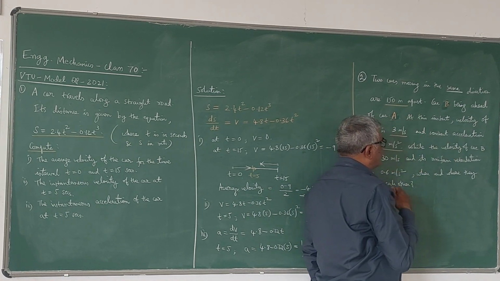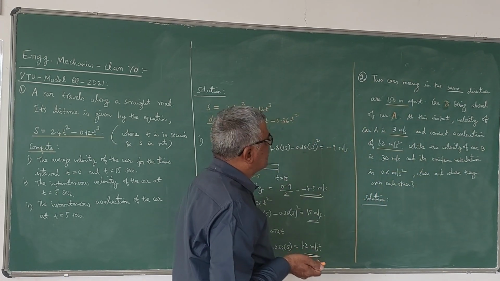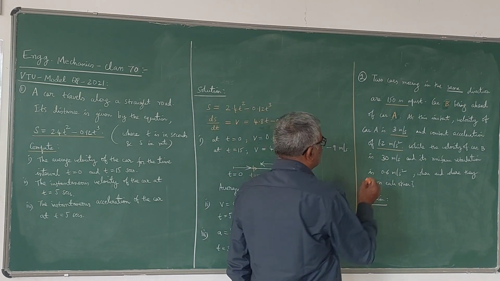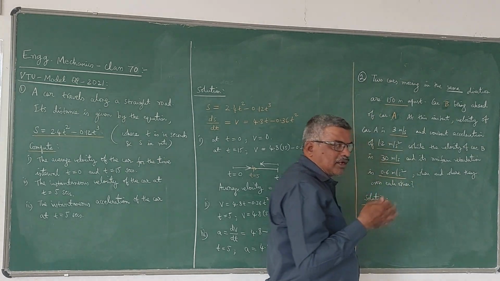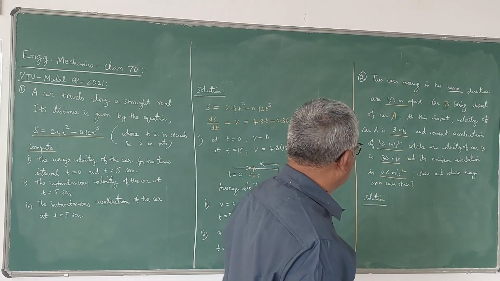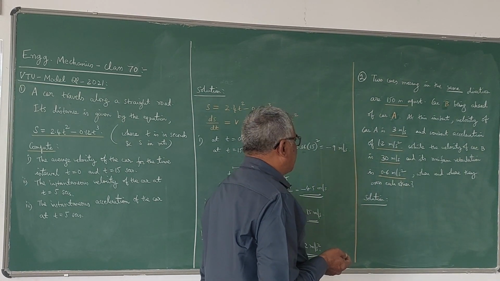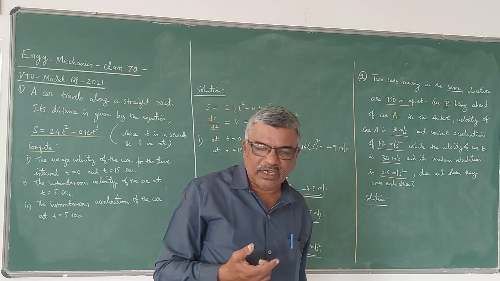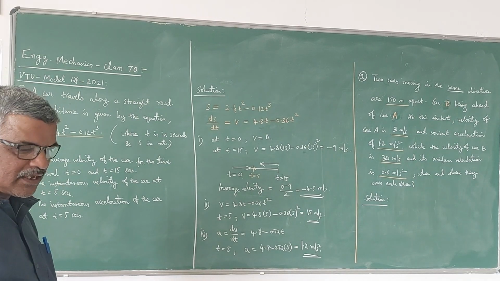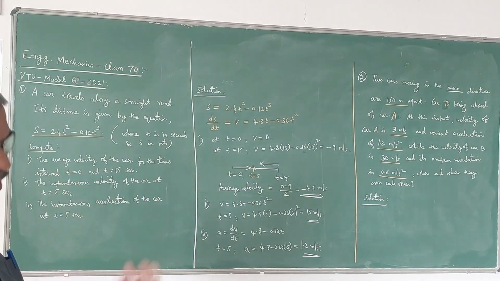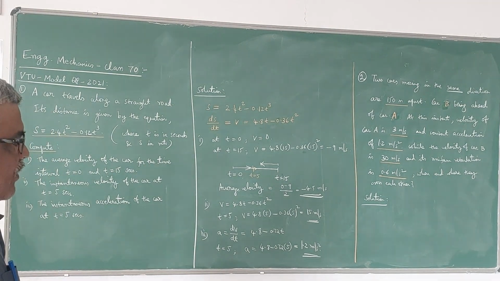So car A is moving with acceleration, while the velocity of car B is 30 meters per second and retardation 0.6. Car B is slowing down, that is, it is moving with retardation. The question is when and where they cross each other. That means when means at what time they cross each other, where means at what distance they cross each other from car A. Let us take car A as the reference point.